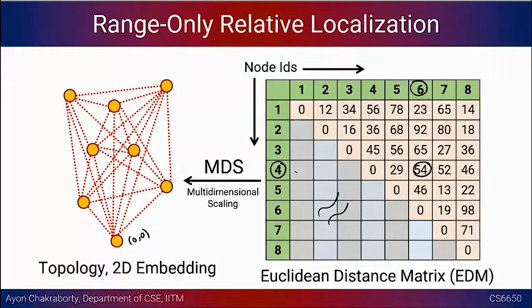So what is interesting to note in our case is the number of range measurements. If you look at the Euclidean distance matrix, you actually need order of n square measurements. You have n nodes, so you will have n choose 2 range measurements, which is order of n square, right?